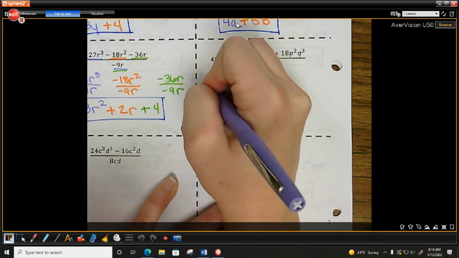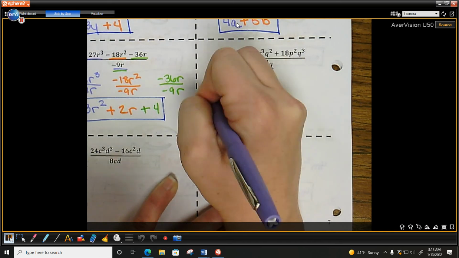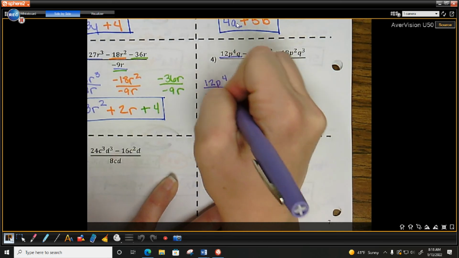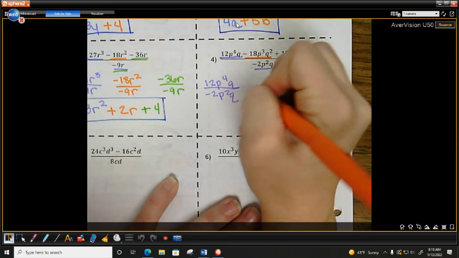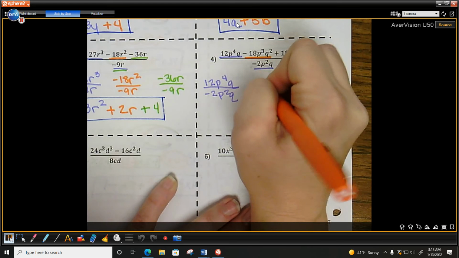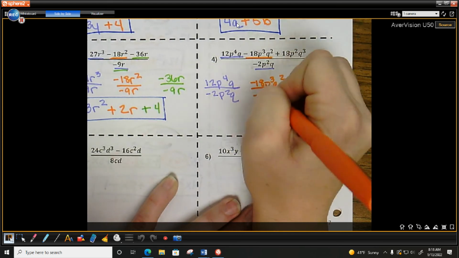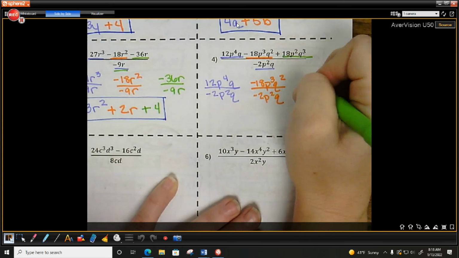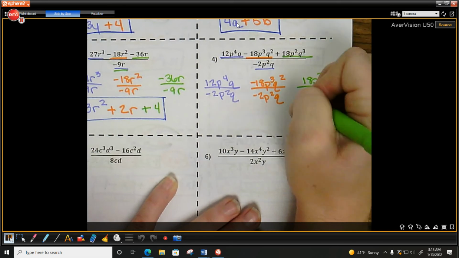So 12p to the 4th q over negative 2p squared q. Negative 18p to the 3rd q to the 2nd over negative 2p squared q. 18p squared q to the 3rd over negative 2p squared q.